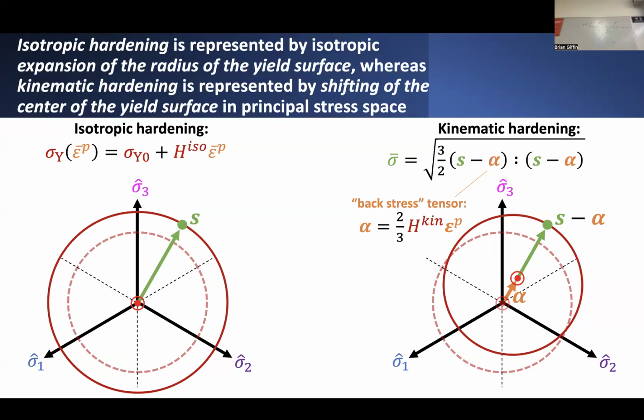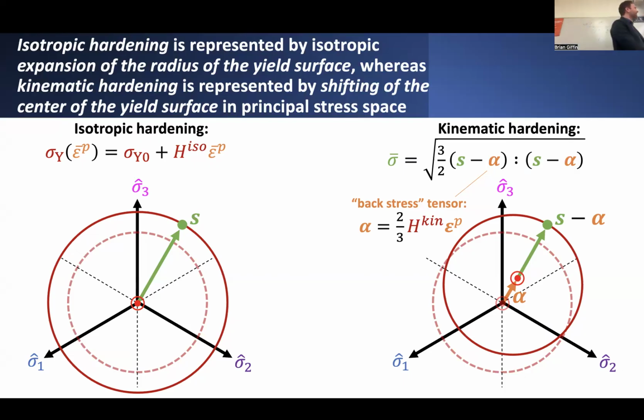And the interesting thing is that if we were to cycle the material through some kind of loading history, loaded in tension, loaded in compression, and continue to load the material plastically, it'll look like we end up shifting the yield surface maybe this way when we load it in tension. And then if we reverse the direction of loading, it'll shift back. So it's constantly moving around to accommodate active plastic deformations that might be occurring.